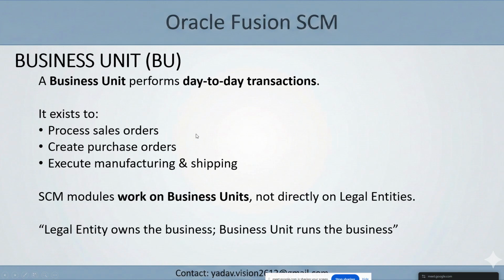So the legal entity, as I said, owns the business. The registered company, the taxes paid and everything happen from the legal entity. But the actual business is run by the business unit. Your purchasing, order management, payables, receivables, cash management, fixed assets, everything happens at the business unit level.